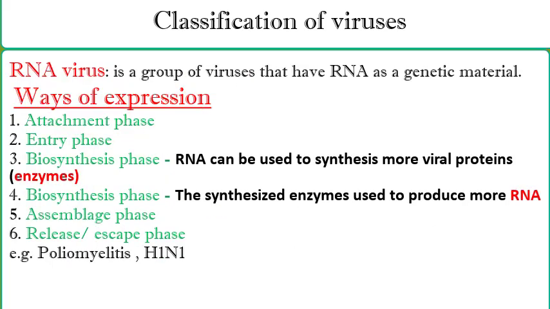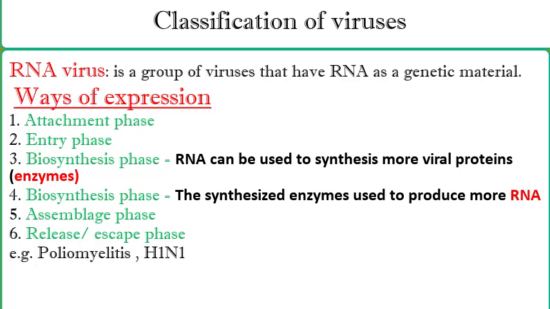The second group is RNA virus. This is a group of viruses that have RNA as a genetic material. When we see their ways of expression, first, the virus must attach itself to the host cell. Second, the virus relays or injects its RNA into the host cell. Third, RNA can be used to synthesize more viral proteins or enzymes.